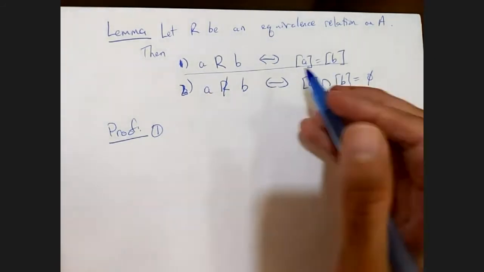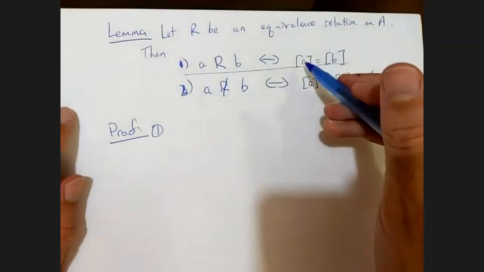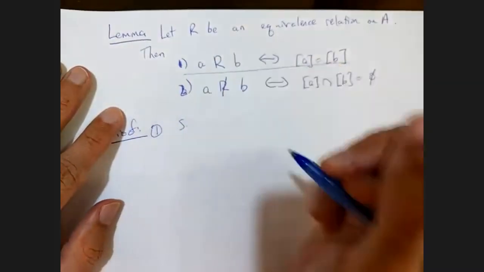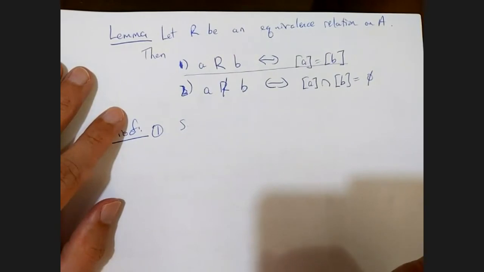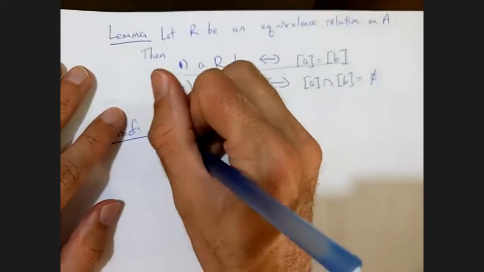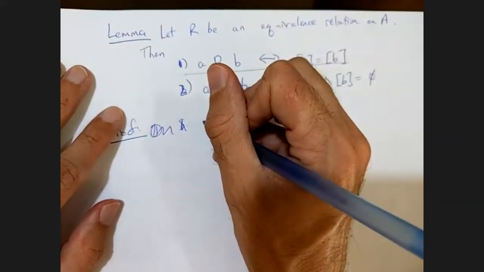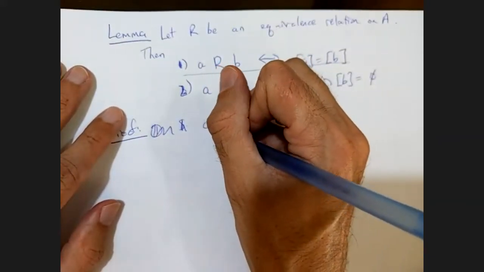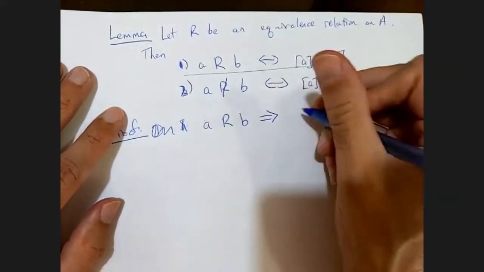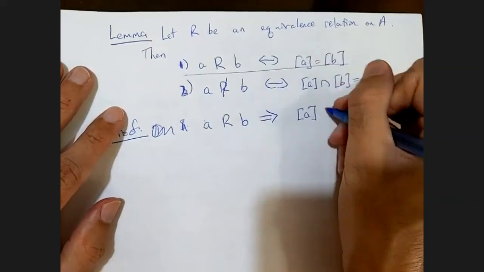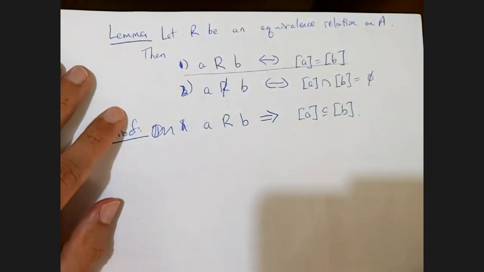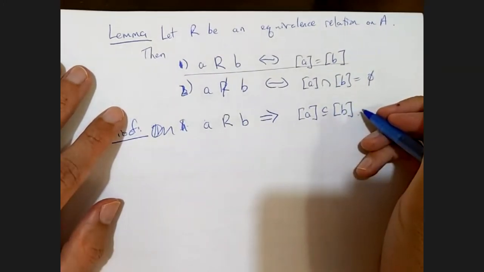So, right, let's prove that two things are related if and only if their equivalence classes are equal. Well, let's actually prove that if a is related to b, then one equivalence class is contained in the other.